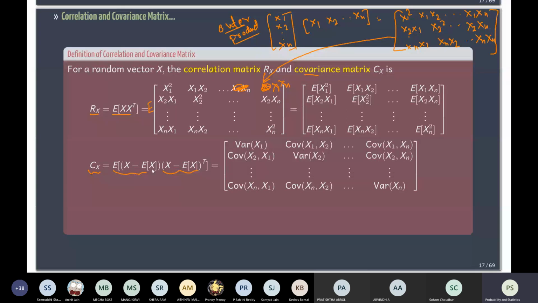So this is like (X minus EX)(X minus EX) transpose, with itself, and this is what we will get. If we apply the expectation, you just multiply this out and take the expectation, and then you will figure out which terms correspond to the variance, which terms correspond to the covariance, and so on. So this is the definition for the correlation and covariance matrix.